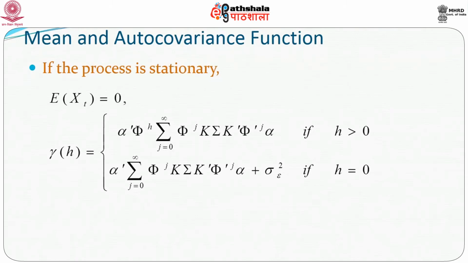So there would be a contribution of epsilon t, which comes out to be sigma epsilon square. In the first case, of course, epsilon t and epsilon t plus h are independent of each other, and therefore that contribution does not come in. So this becomes the variance and covariance of xt.